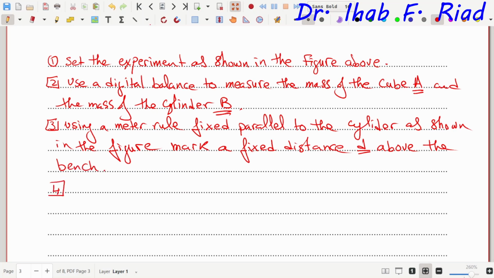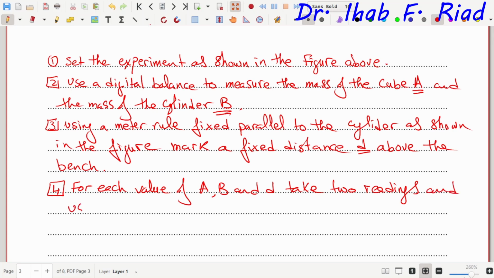Four. This is important. For each value of A, B, and D, take 2 readings and use the average.